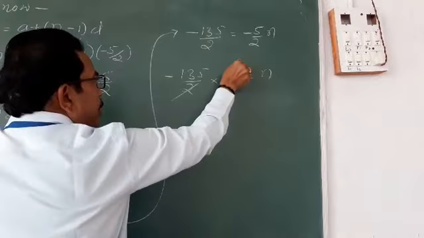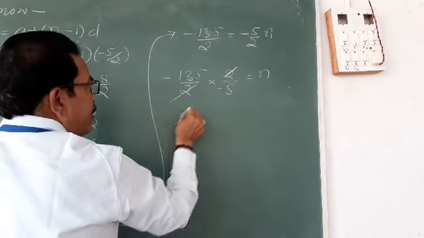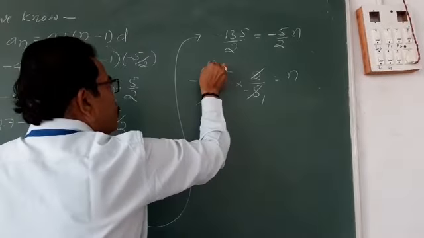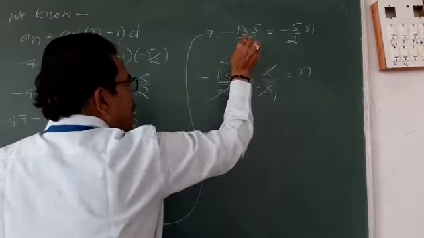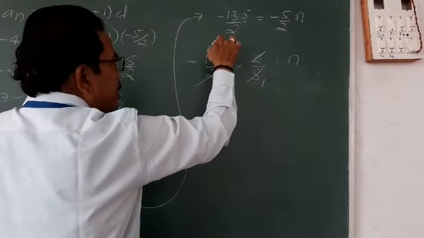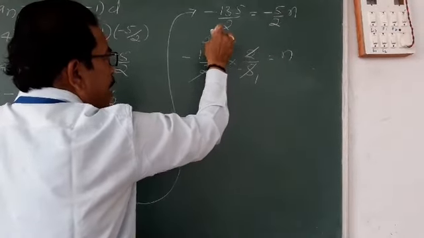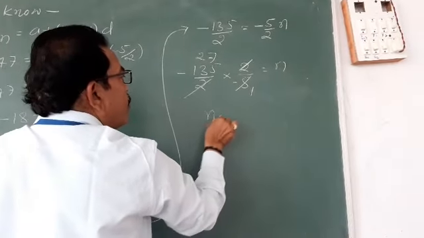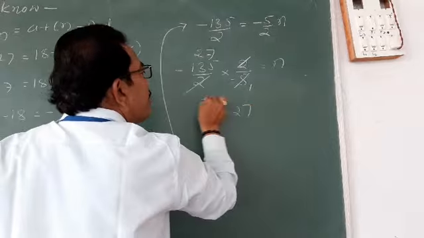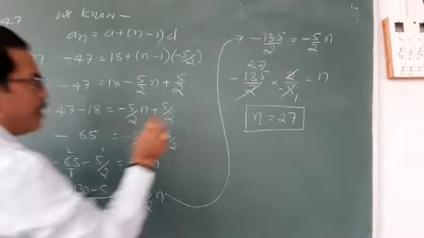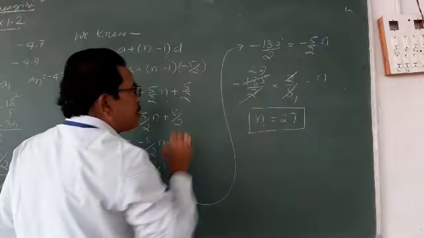Okay, 2 gets cancelled, then 5 2s are 10, 5 7s are, that is n equals 27. N equals 27.